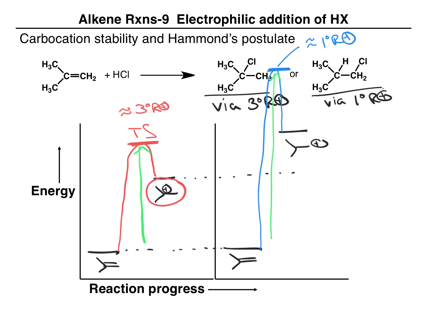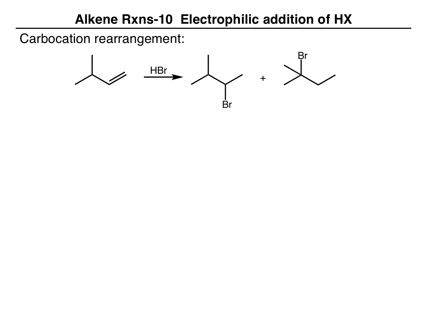And so the rate of the reaction forming the tertiary carbocation will be a lot faster than the reaction forming a primary carbocation. And so most of the molecules are going to go through the tertiary carbocation, leading to this product. Finally, let's consider whether our proposed mechanism can account for this product.